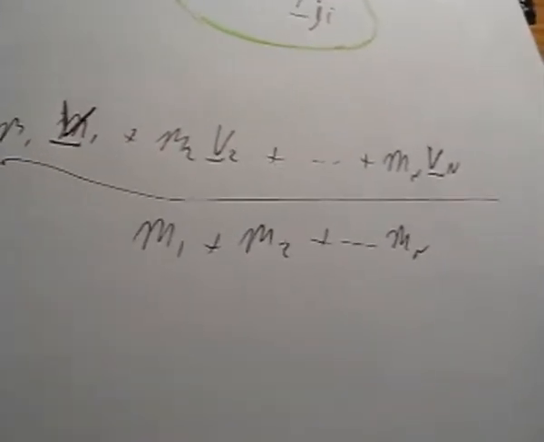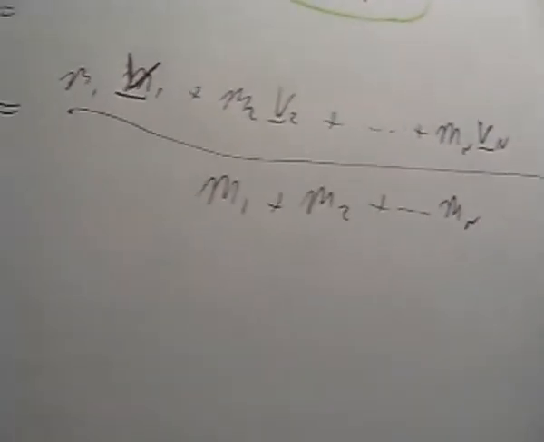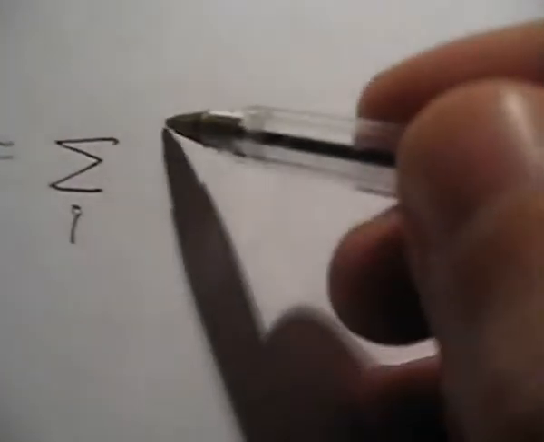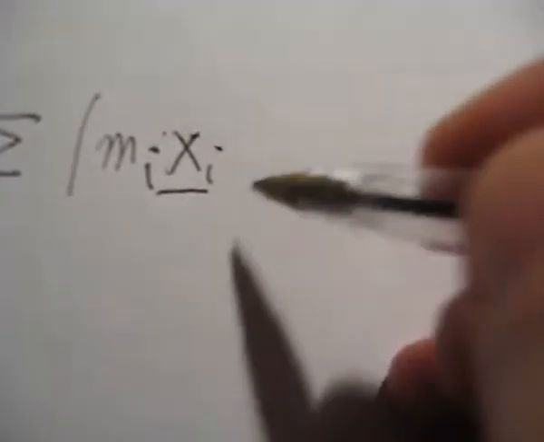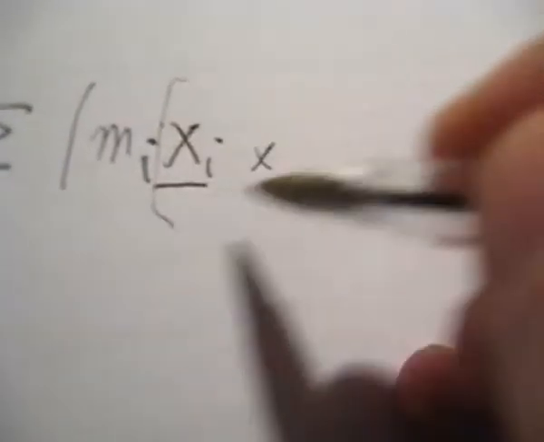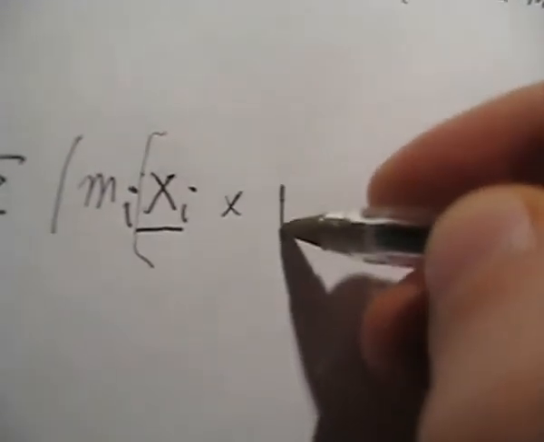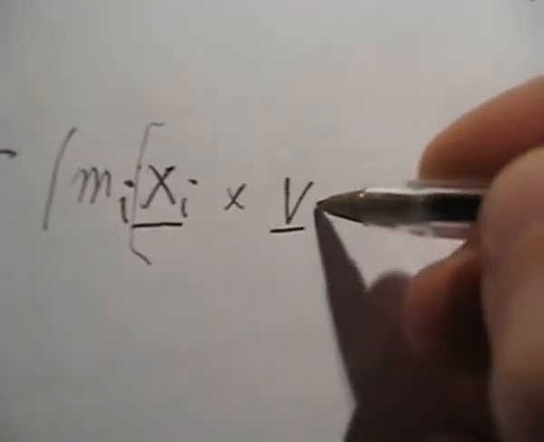We don't have much time to investigate, but you can also find another of these quantities in books, which is called angular momentum and is defined as a sum. It's of course a vector, just as this is a vector, and is defined as the position vector product with the velocity vector of the ith point.